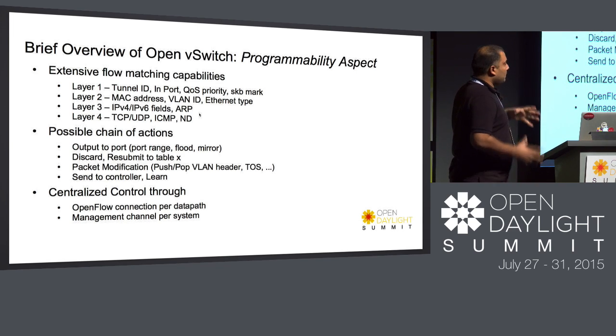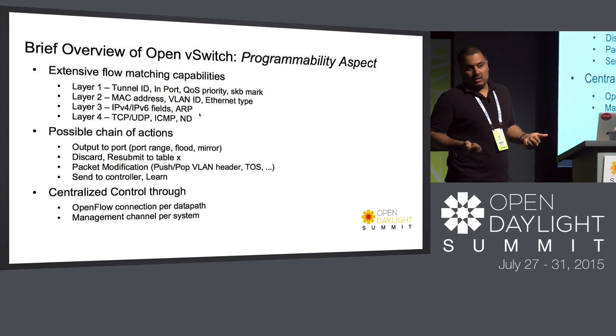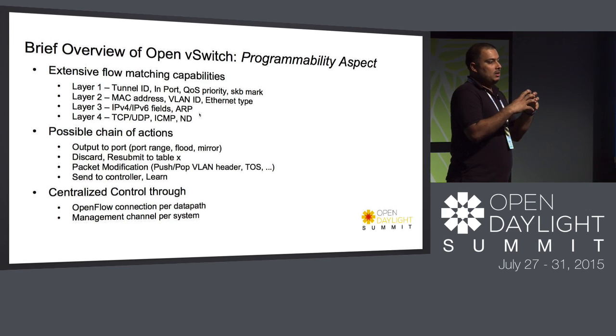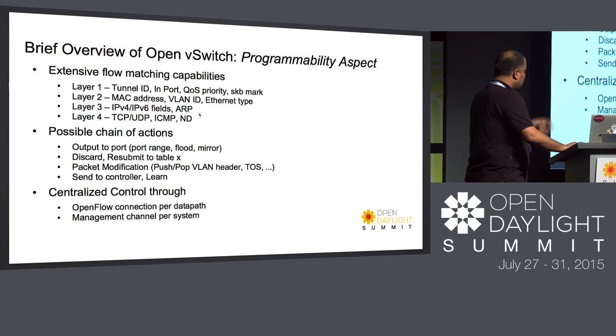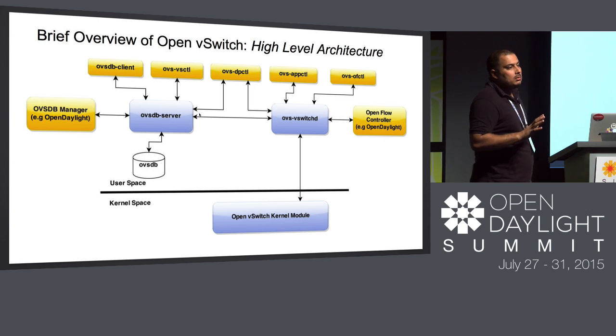Everything is in one controller, acting as both an OVSDB manager and an OpenFlow controller. It's a centralized entity that can control both of these devices remotely. So this is the high-level architecture of OVS.